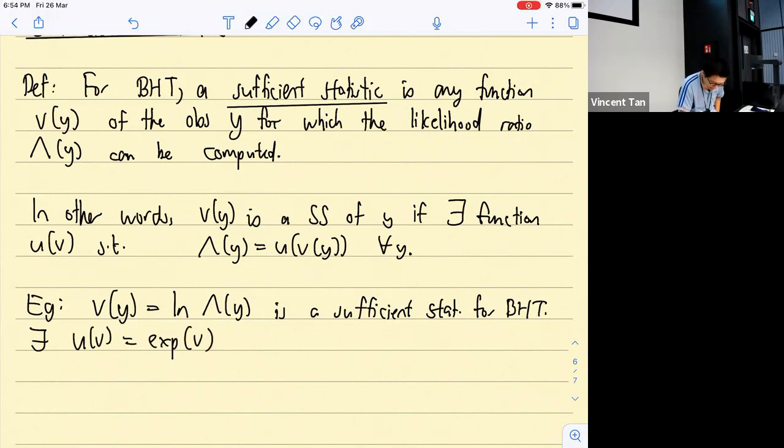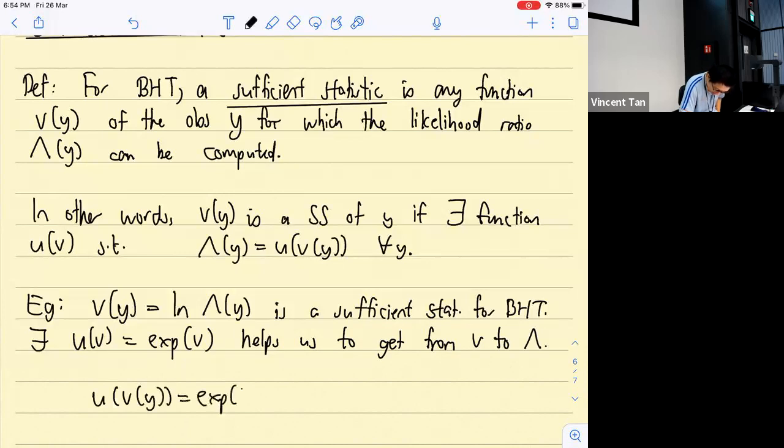U of v of y is equal to e to the ln of lambda of y, which recovers lambda of y. But it's a trivial example, because if I take any invertible function of lambda of y, then I can go backwards to lambda of y. So let me give you a more interesting example. Does anyone have any questions on this?